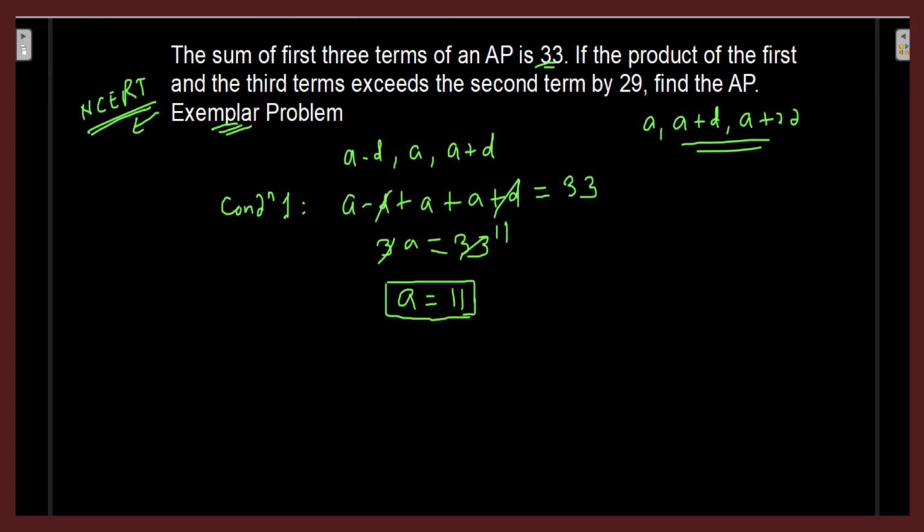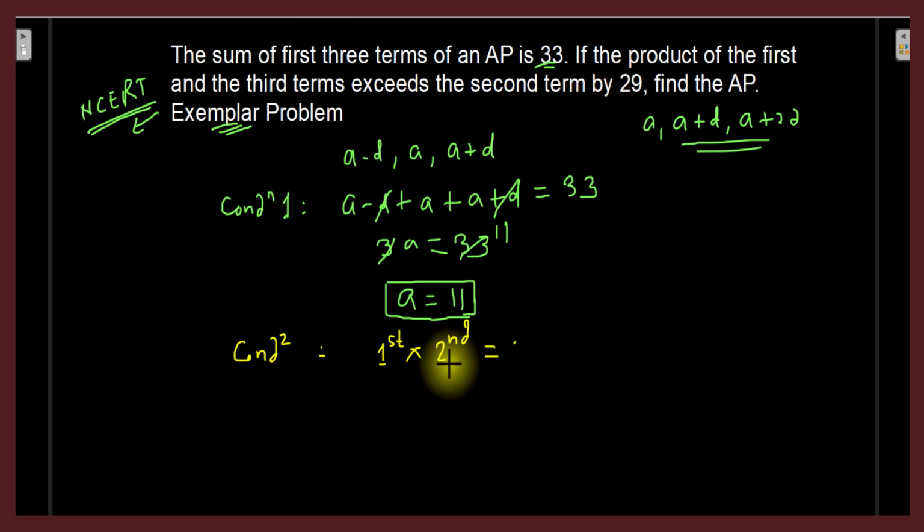Now we will see what the second condition is. Condition 2: the product of the first and the third terms exceeds the second term by 29.